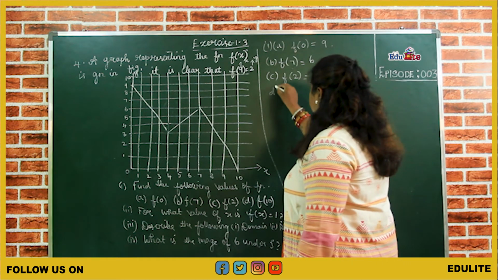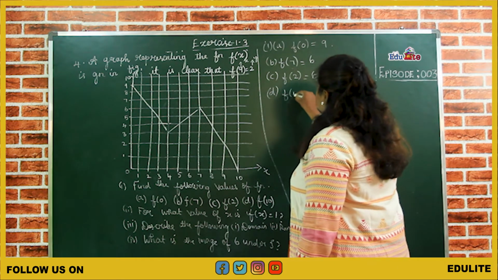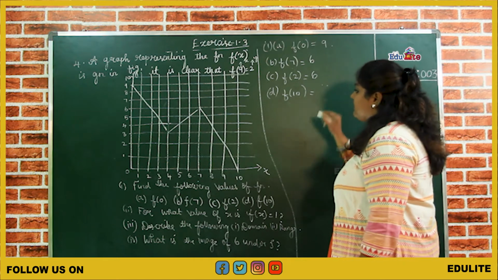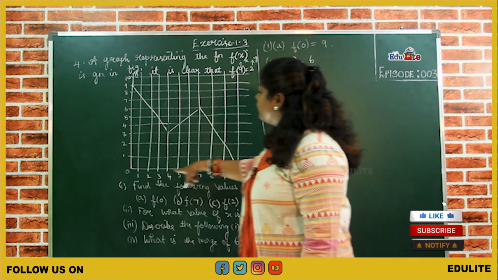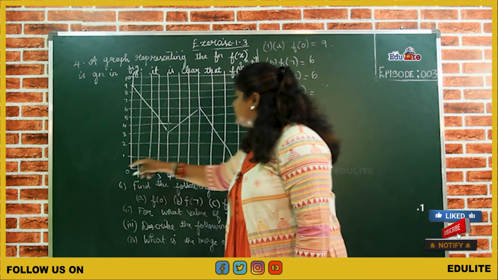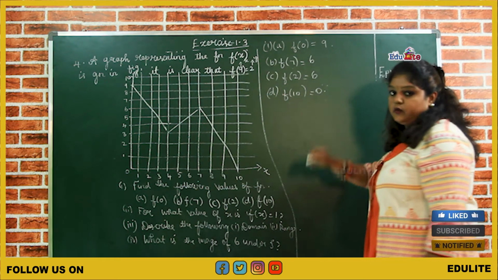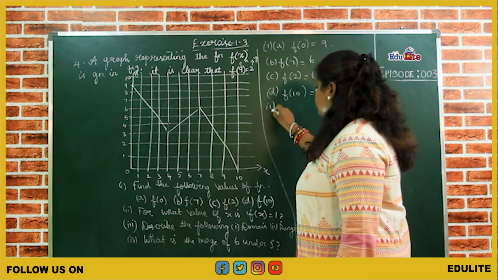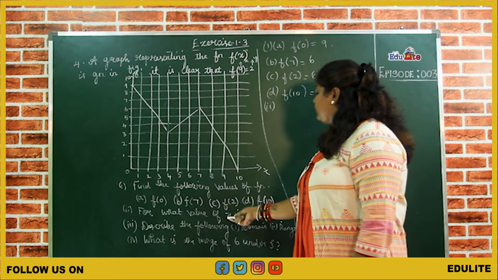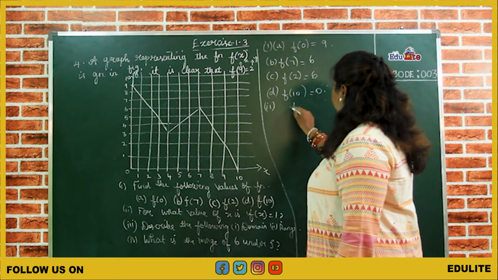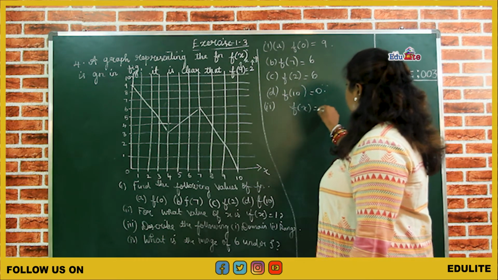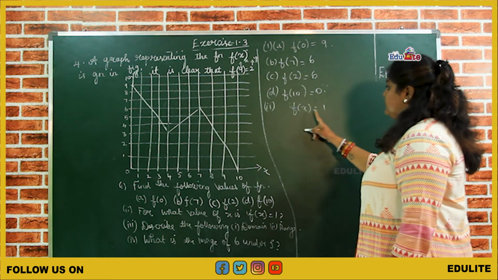Next, we have to find f of 10. When x is 10, what is the value of y? When x is 10, the value of y is 0. So f of 10 is equal to 0. In the second subdivision, we have to find the value of x when the value of y is given, because f of x is equal to 1, and f of x is equal to y.